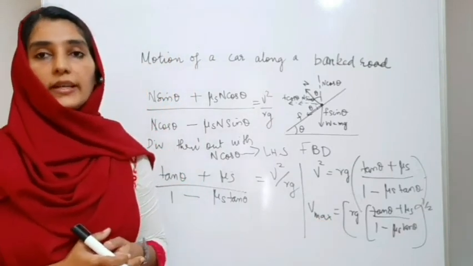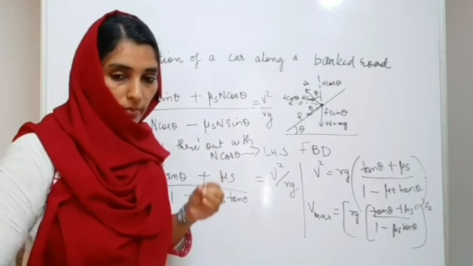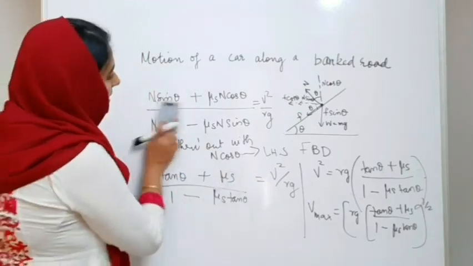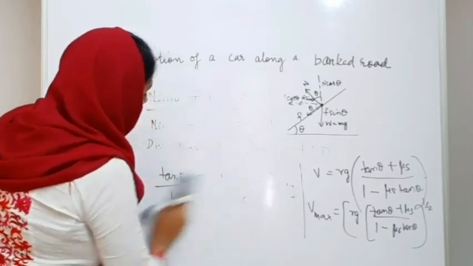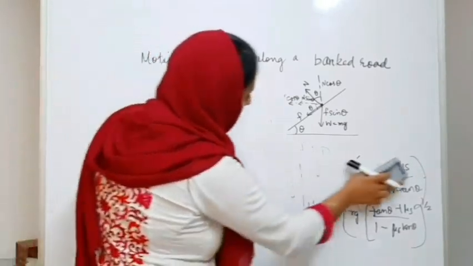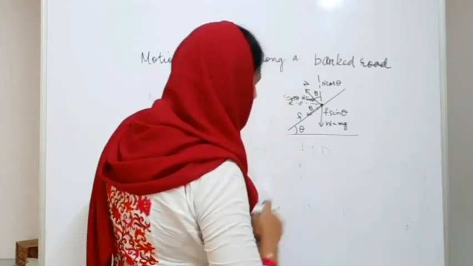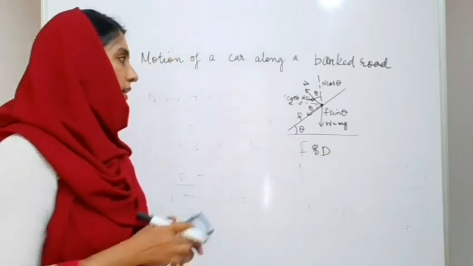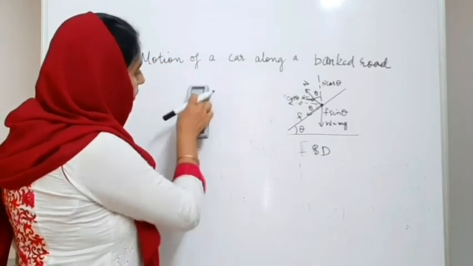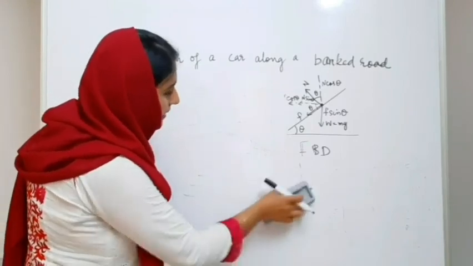Now let us find out the optimum speed. The case of optimum speed can be found out if we consider the case of minimum friction. That is, let us find an expression for the speed of the same car moving along the same circular path of radius r, such that if the car moves at this particular speed, there is minimal wear and tear for the tires.